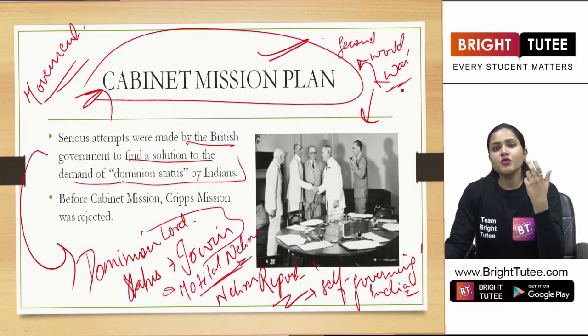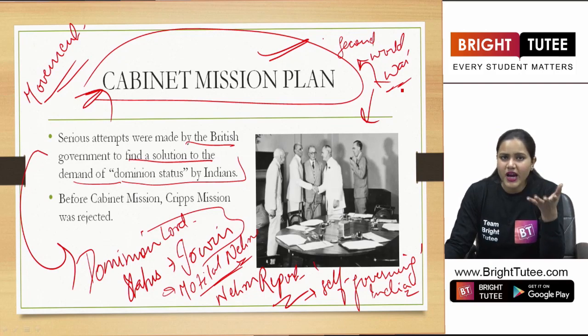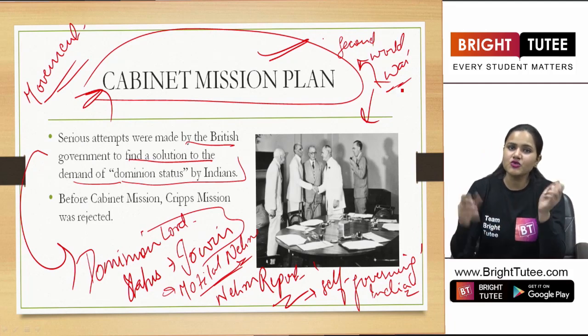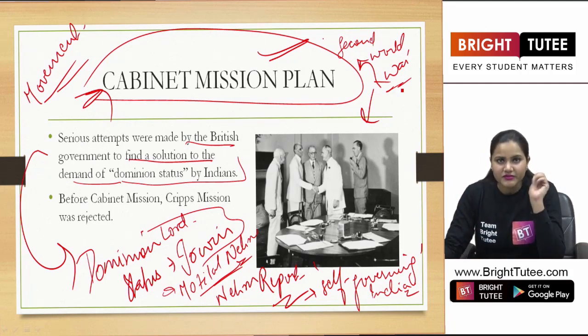Now they were also pressurized to get the support of Indians in the war. Why? Because the Indians decided that they are not going to help Britain in the war, and in return they decided to give the dominion status to the people of our country, correct?